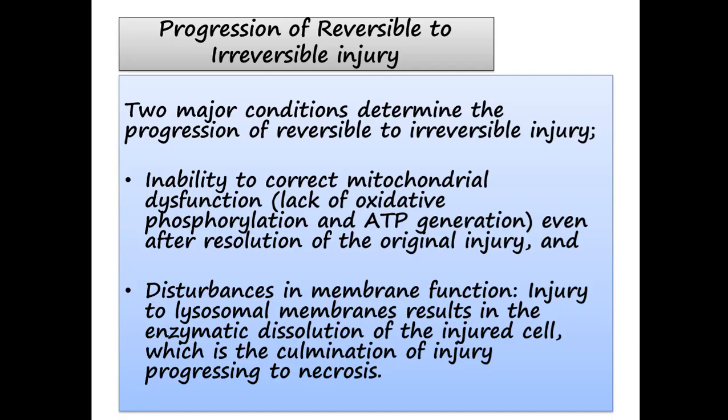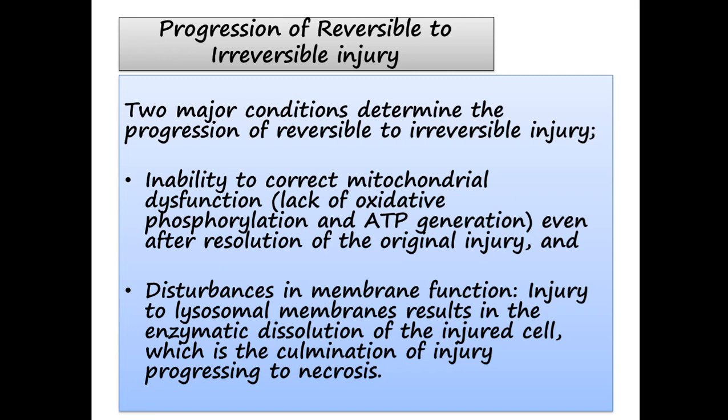Now when a reversible injury will progress into irreversible injury, two things are very important. One is the ability to correct mitochondrial dysfunction, and to correct oxidative phosphorylation and ATP generation.